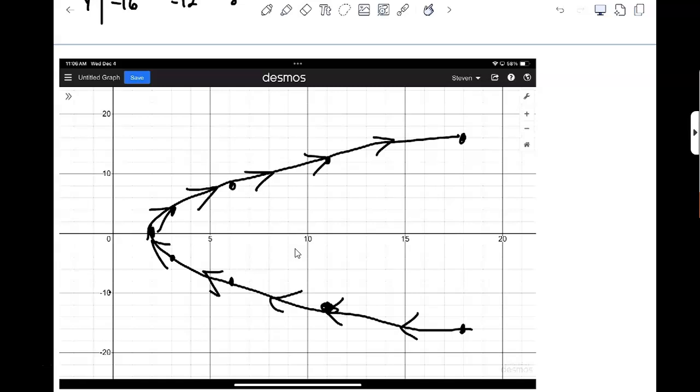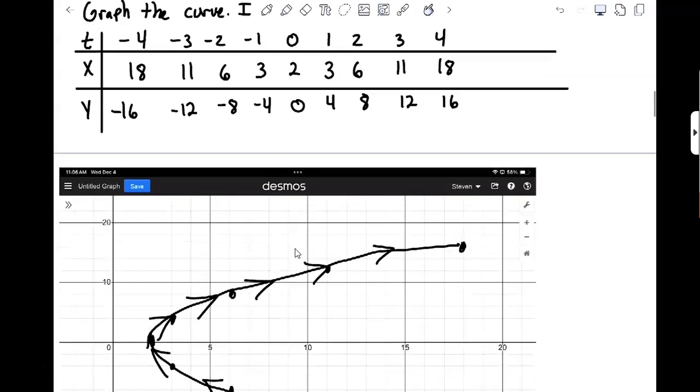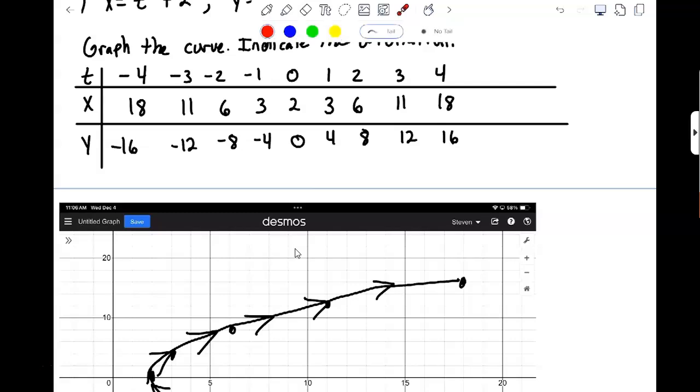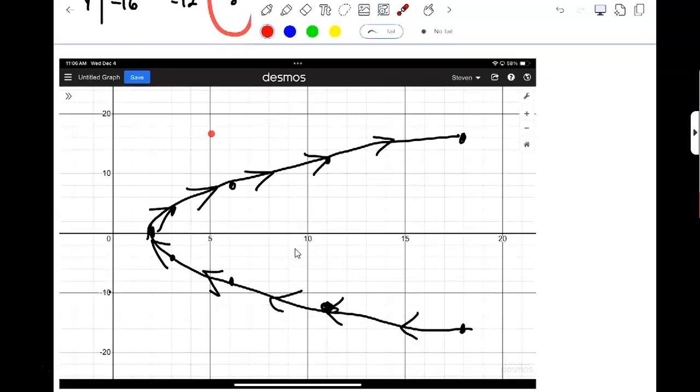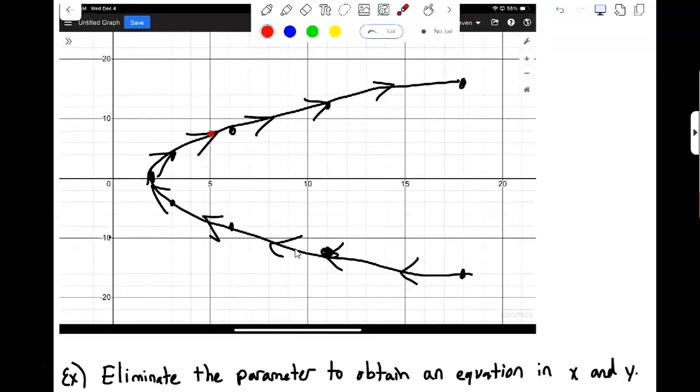Now we're interested in what the slope of the curve is when t is equal to negative 2. In other words, when we're on the graph at the point 6, negative 8, which is this point right here.